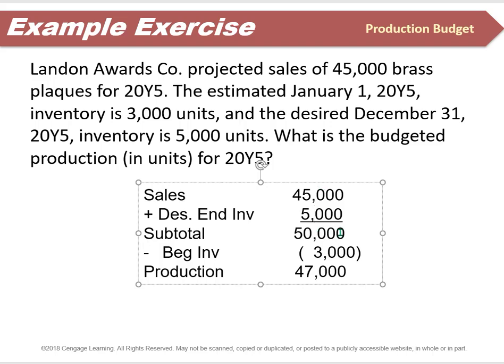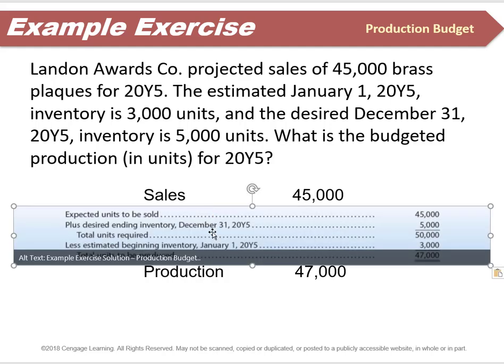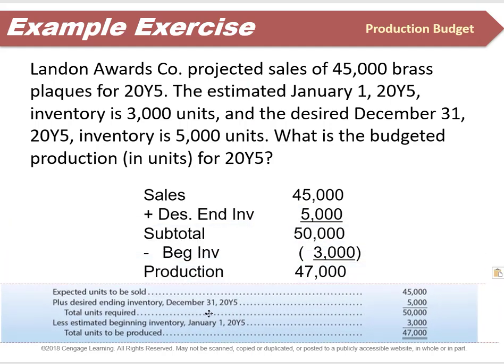So we need to have 50,000 units that month. At the beginning of the month, we've got 3,000 on hand already, so we only have to produce 47,000. And there's our answer, 47,000.